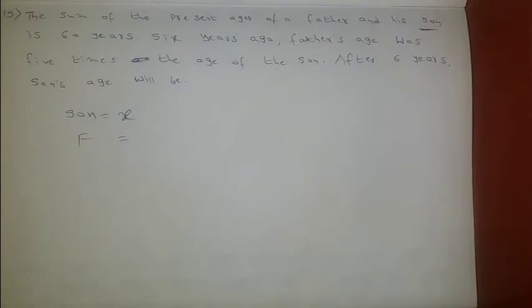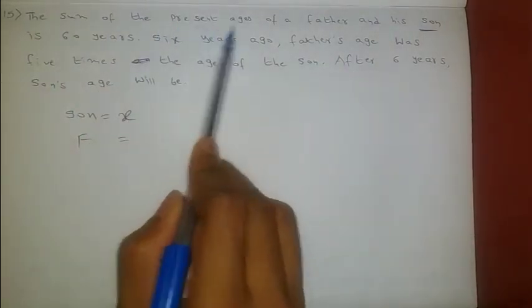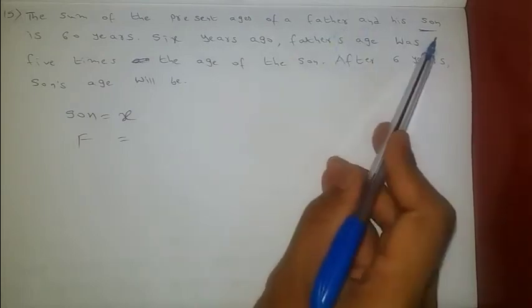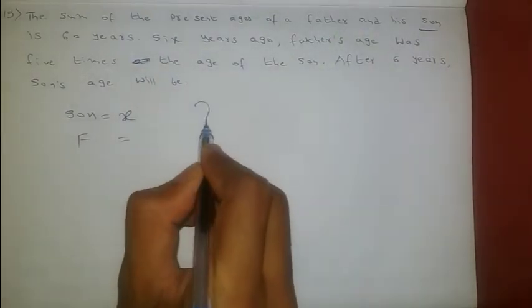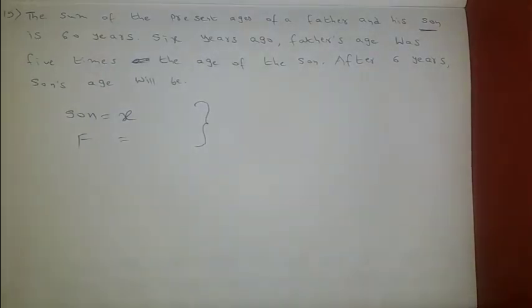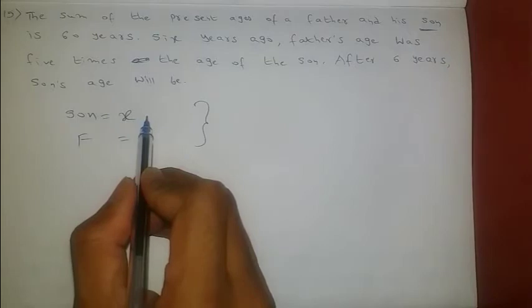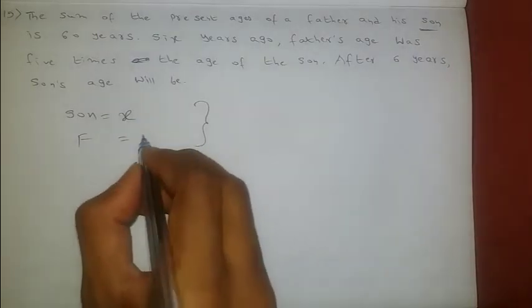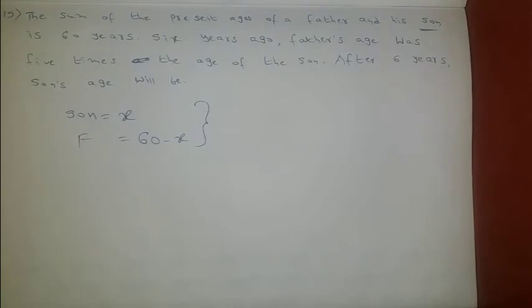He mentioned the condition clearly: the sum of the present ages of father and son is 60. These two persons' ages sum to 60 years. If we already know the son's age is x, then the father's age is 60 minus x.